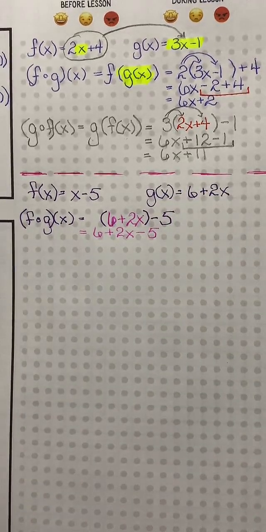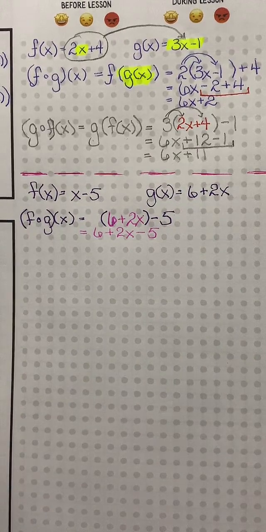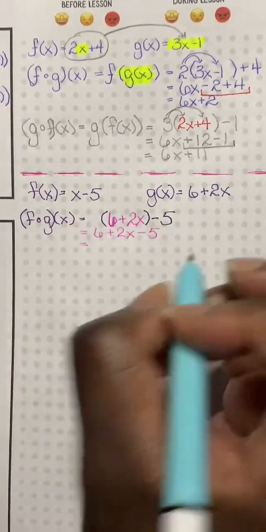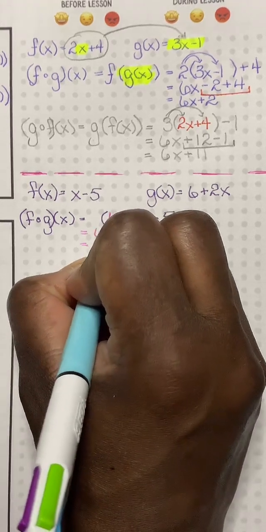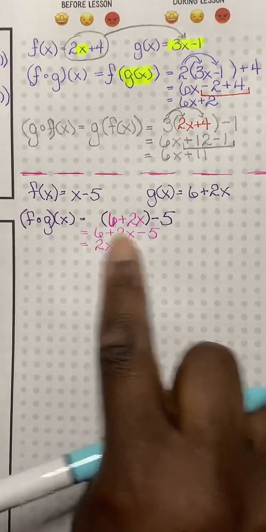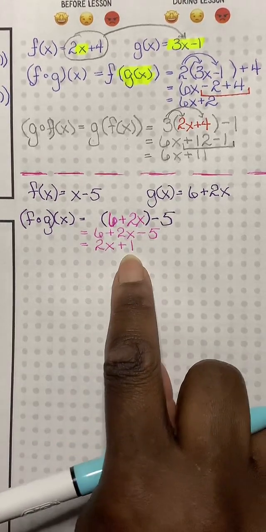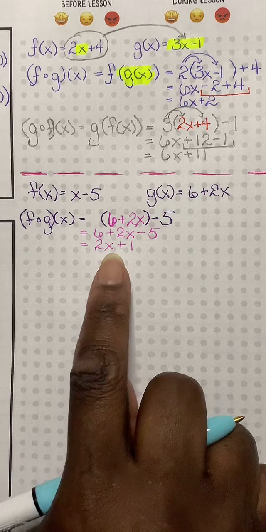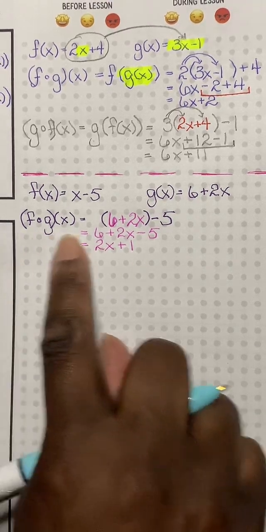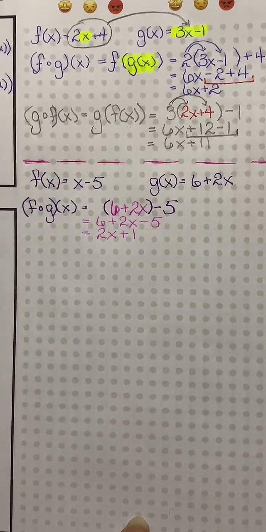When you combine your like terms, you'll notice you're going to have your 2x plus 1. Because 6 and minus 5, that gives me a positive 1. Since we can't combine the 2x and the 1, that will give us our f of g.